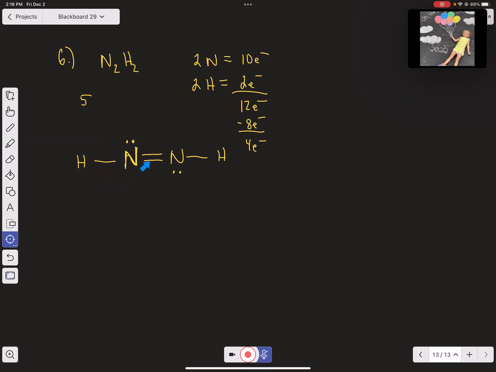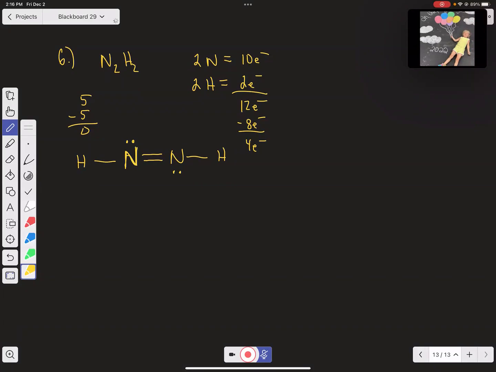So 1, 2, 3. And then I count all lone pair electrons. The other good thing about this structure is that nitrogen is neutral. We don't want to violate the octet rule, and we don't want to carry charge unless we have to. Those are the checks you should always do when drawing a Lewis structure for the first time.